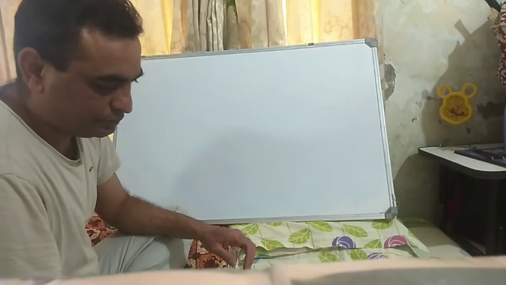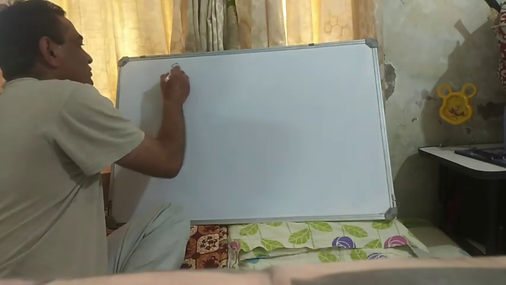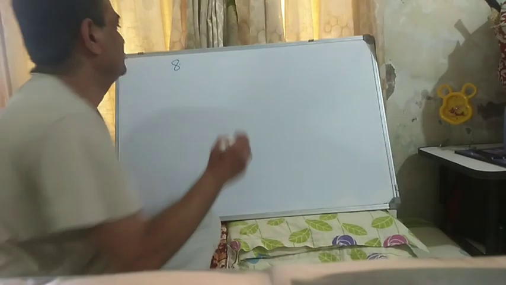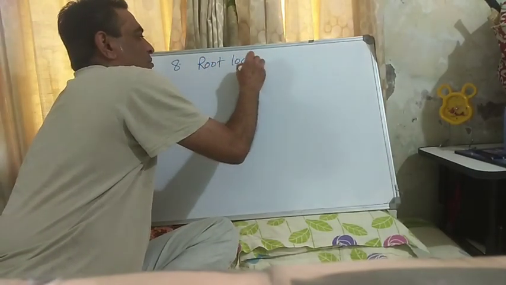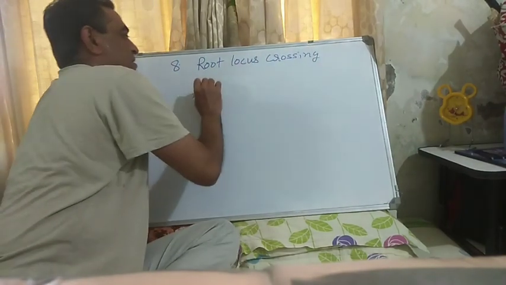Now, the next rule is the 8th rule: the root locus crossing the imaginary axis.